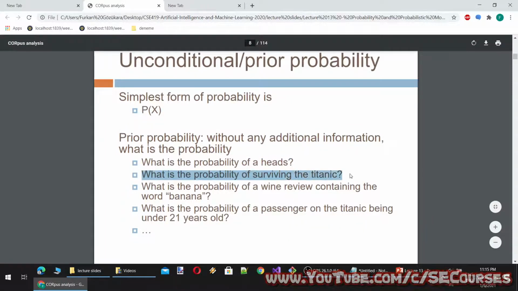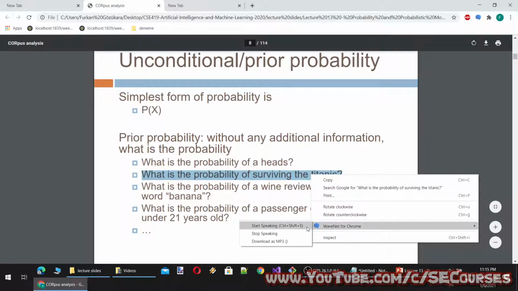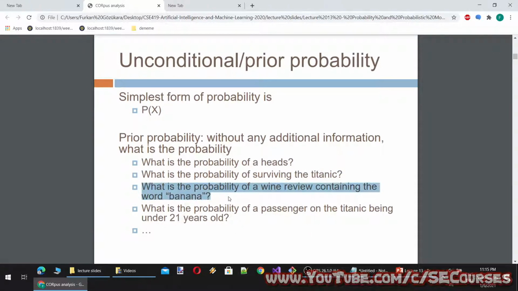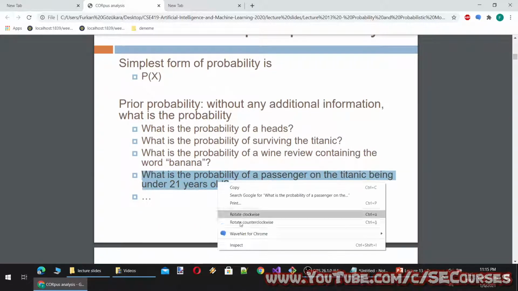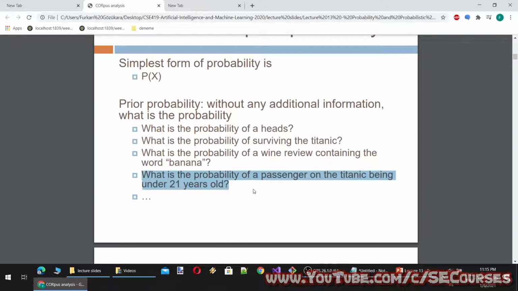What is the probability of a heads? What is the probability of surviving the Titanic? What is the probability of a wine review containing the word banana? What is the probability of a passenger on the Titanic being under 21 years old?